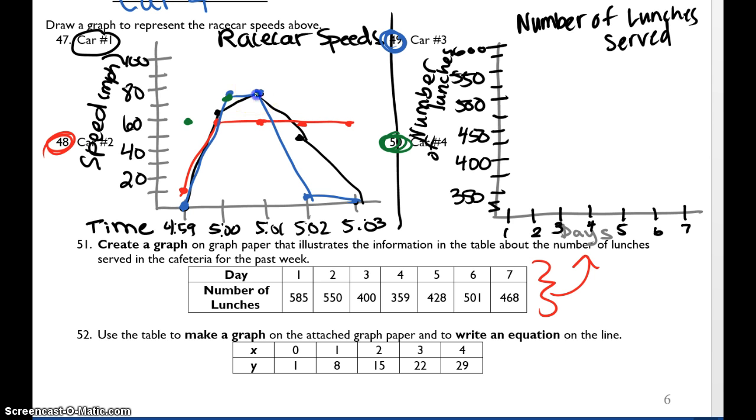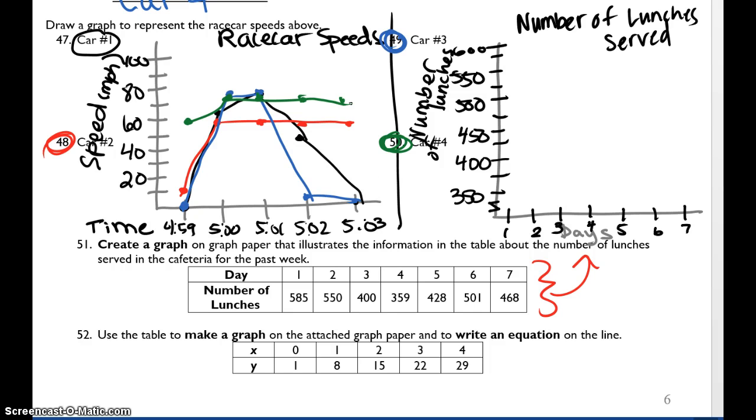Then to 75, again very similar. 74, and that should be a little bit more to the right. 5:02, 74, and 5:03, 74. And there we go. That's about those 4 cars graphed on the exact same graph.